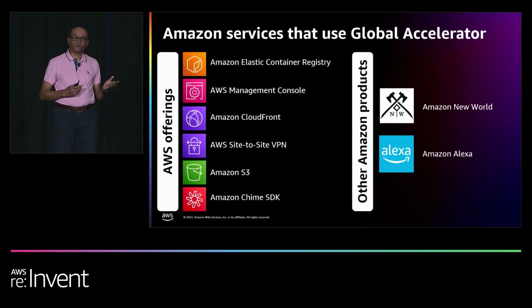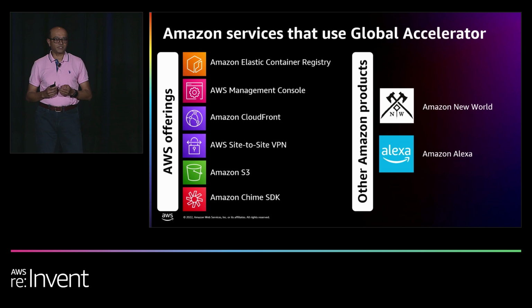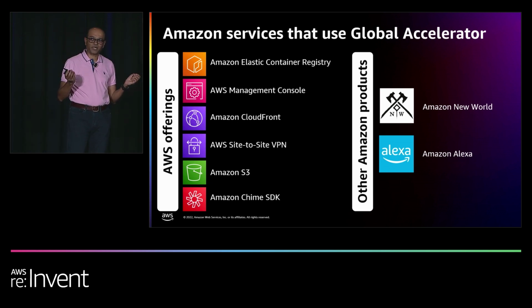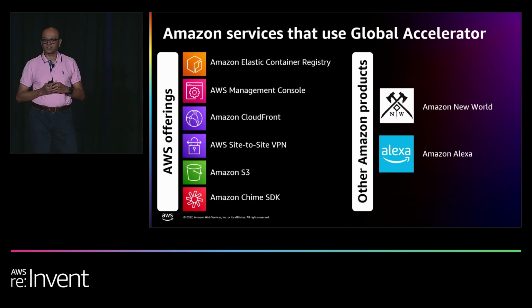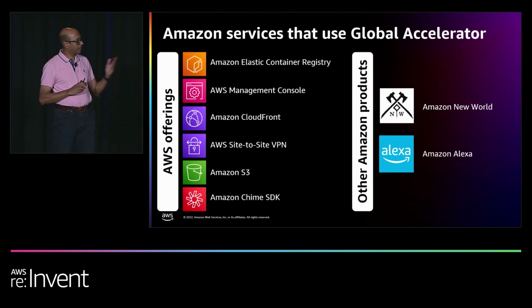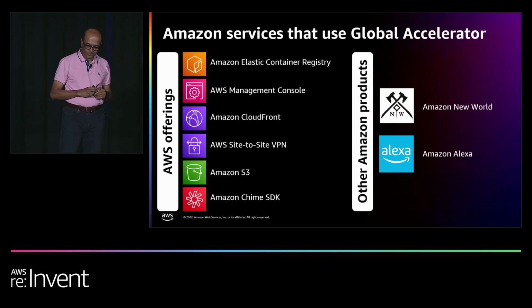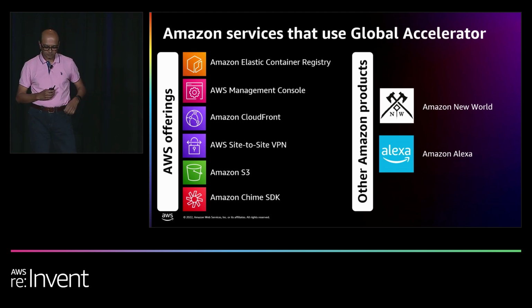Last year, you may recall, we announced S3 multi-region access point. So this provides a single global endpoint to access a data set that spans multiple S3 buckets in different regions. Chime SDK uses Global Accelerator. If you're using site-to-site VPN, you have an option for acceleration that actually makes use of Global Accelerator. And in gaming, Amazon New World recently onboarded to Global Accelerator.